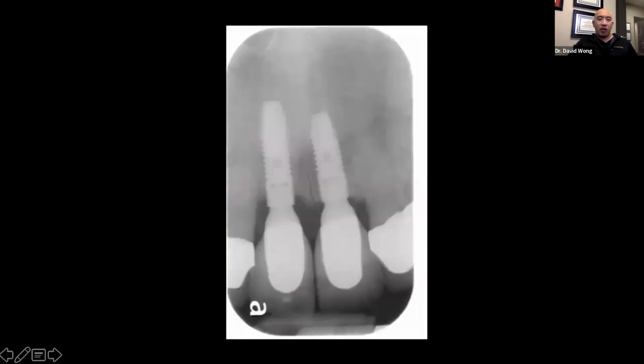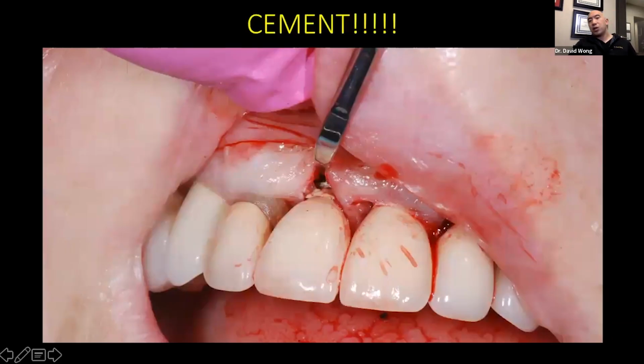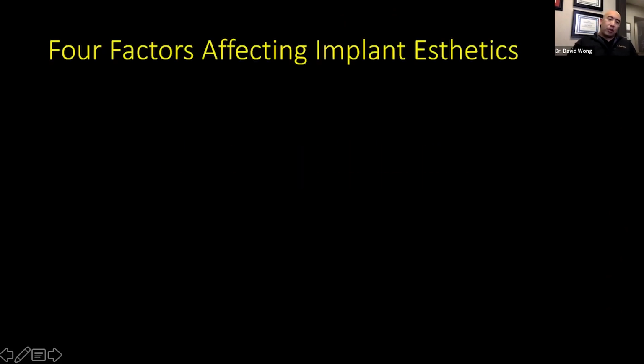And you'll notice that we started getting some crestal bone loss around number 8, because we had some cement there. So when you're cementing these things, refer back to the keys to implants webinar that we did last year. We talked about how to properly cement a crown. So that'll be on there.